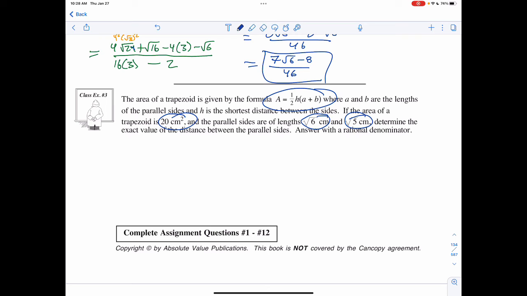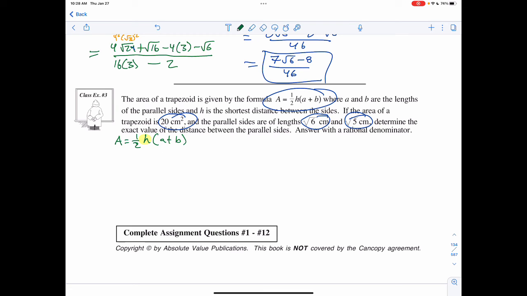So, what am I trying to solve? I'm trying to solve for h, the distance between the parallel sides. So, to start off, I'm going to take my formula. A is equal to 1 over 2 h bracket a plus b, and I'm going to isolate h.